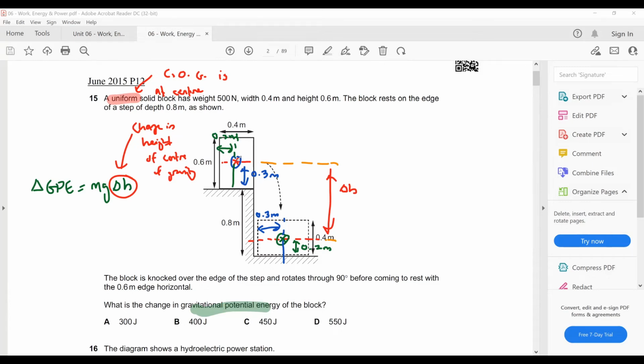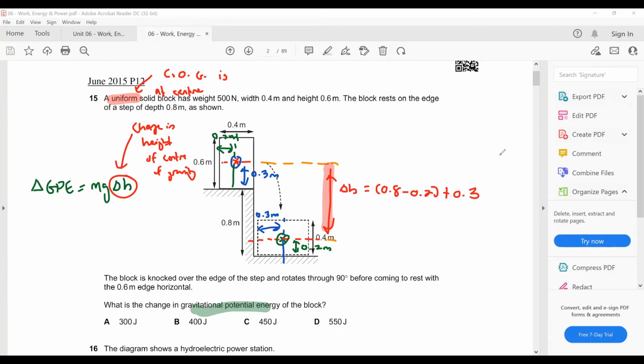From here to here, I want this one. So what is my distance? Now you see that if I want this height, it's actually going to be 0.8 minus 0.2 plus 0.3.